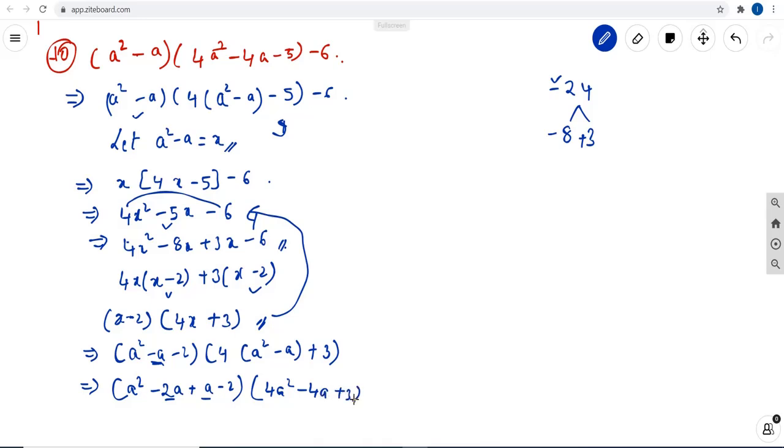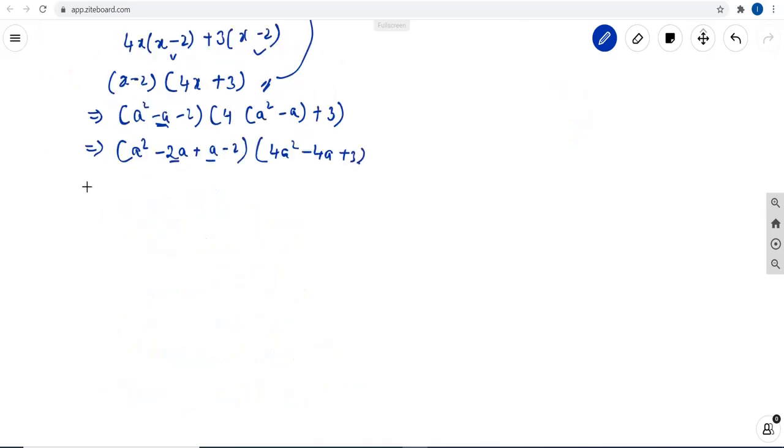Okay, fine. So what we can do here, we can take a common here. So a, if I take common, this becomes a minus 2. If I take 1 common, this becomes a minus 2. So this term I'm going to rewrite as it is, because further calculations we cannot do here. So minus 4a plus 3. Okay. So now in this term we will take this one and this one common.